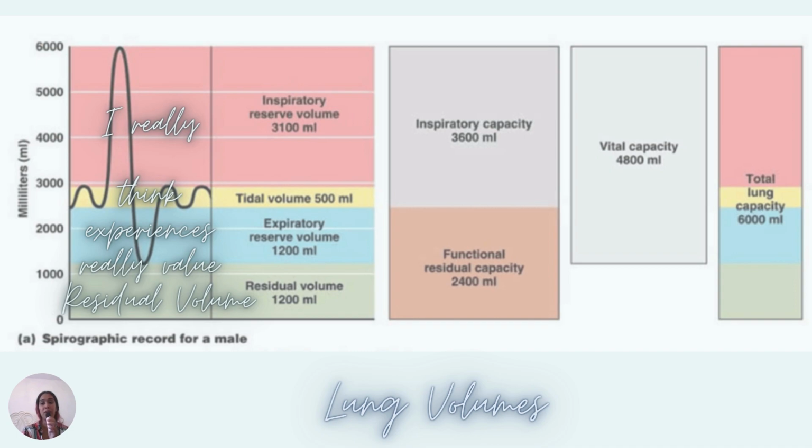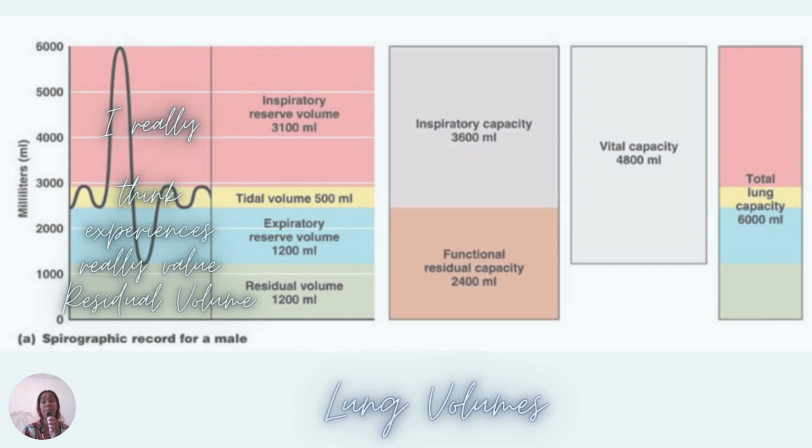If it says normal exhalation, that's the expiratory reserve volume. But if it's saying normal inhalation, it's the inspiratory reserve volume. And if it says tidal volume, that's the volume of air that moves through the lungs between a normal inhalation and exhalation.